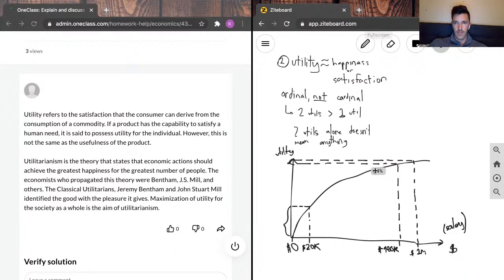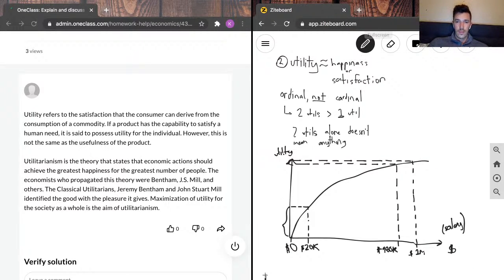So this we can call diminishing marginal returns to utility.